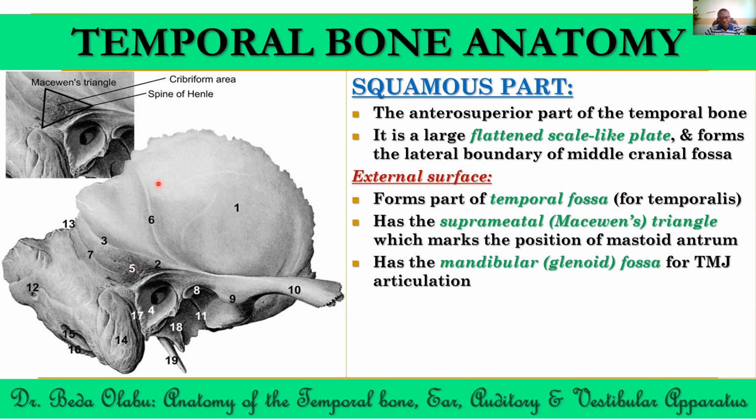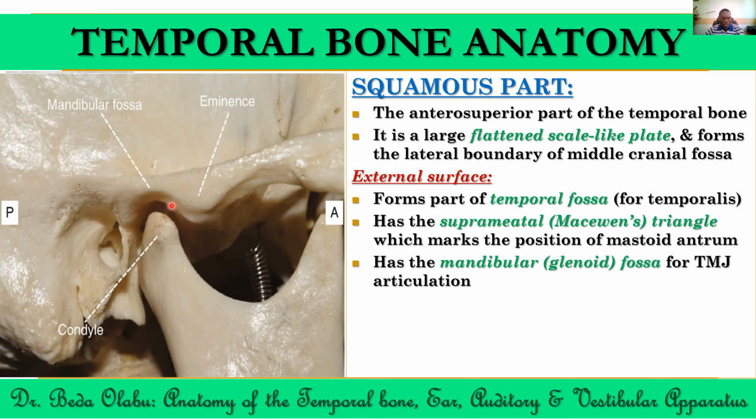This image shows you better the mandibular fossa, which is also known as the glenoid fossa, for TMJ articulation. So this is the condylar process of the mandible, and this is the glenoid fossa. Now that was from the external.